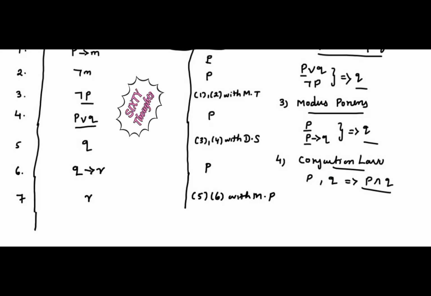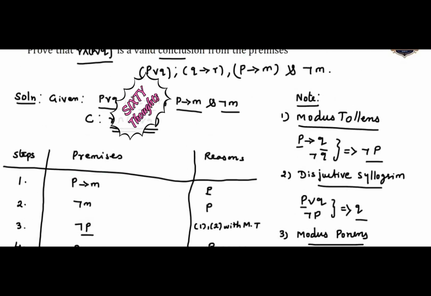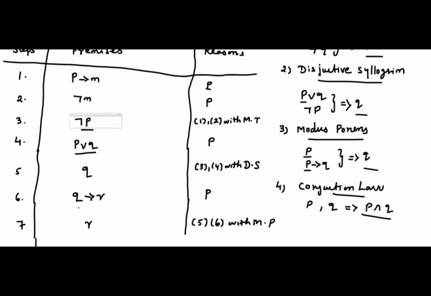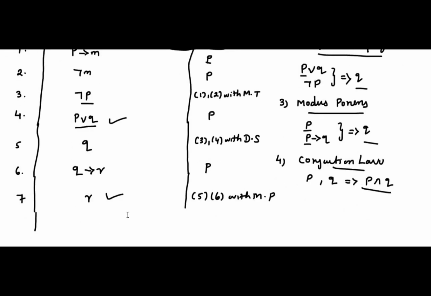Okay, so next step, we are going to prove the conclusion statement. What is the conclusion statement? R variable is there, P or Q is there, and in between an AND operator. Here you see step number 4, the P or Q variable is there. In step number 7, the R variable is there. Once we connect these two steps, we get our conclusion statement, right? So what is step number 8?